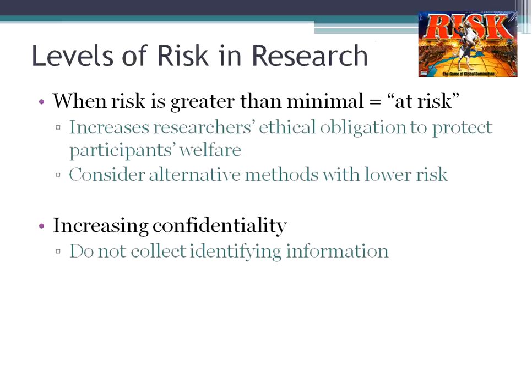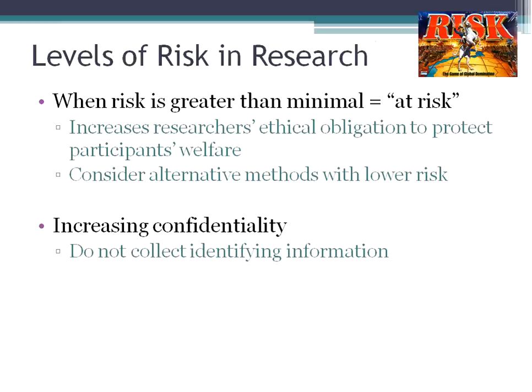One way we can do this is by considering alternative methods. Is there a different way we could do this that would lower risk? Another way is increasing confidentiality, particularly for social risk, right? The person who is not out but is going to potentially identify themselves as gay or lesbian on your survey.